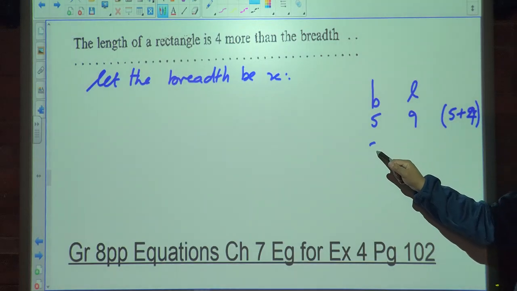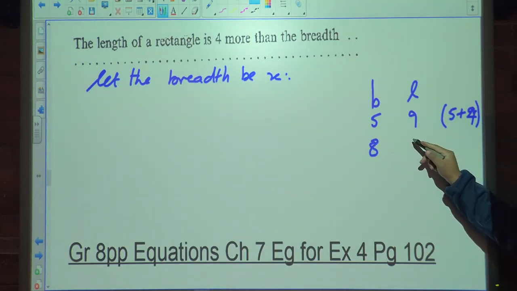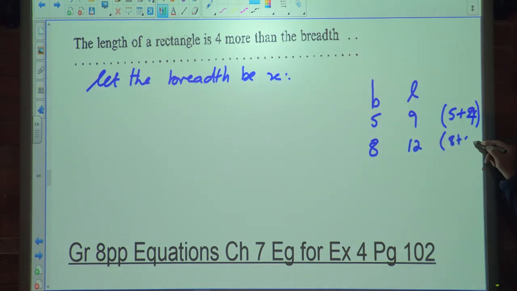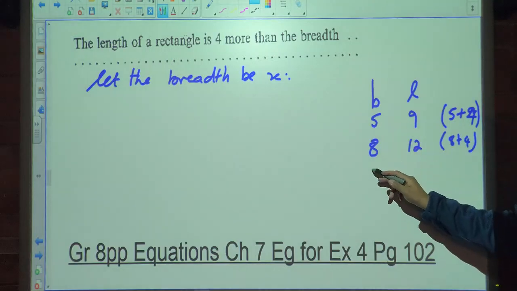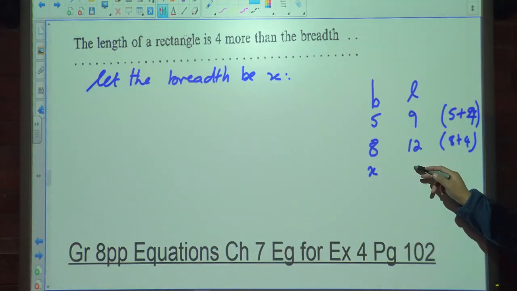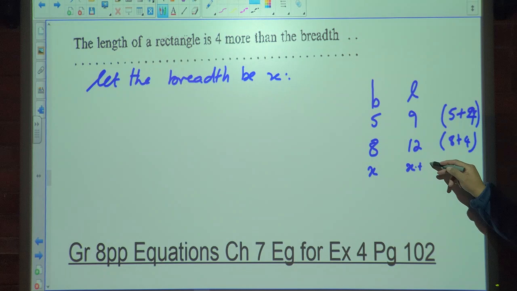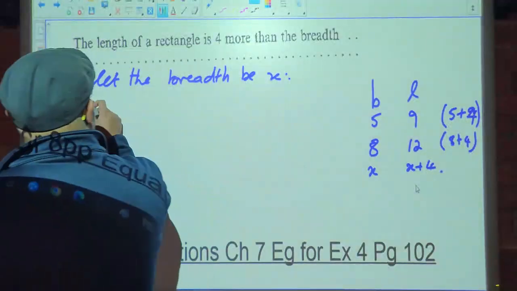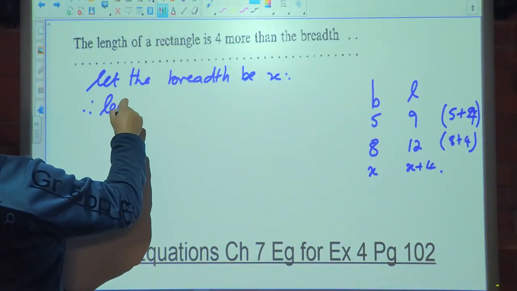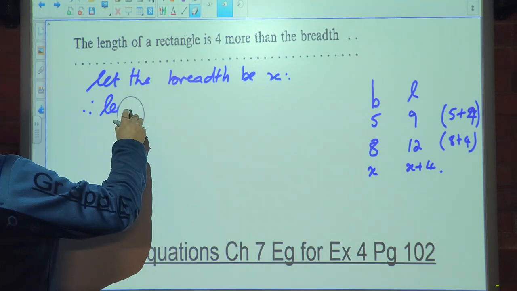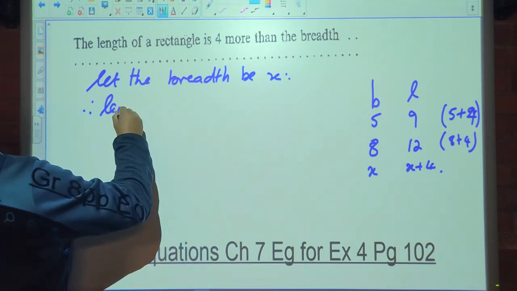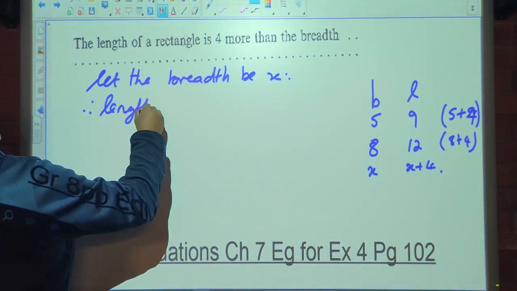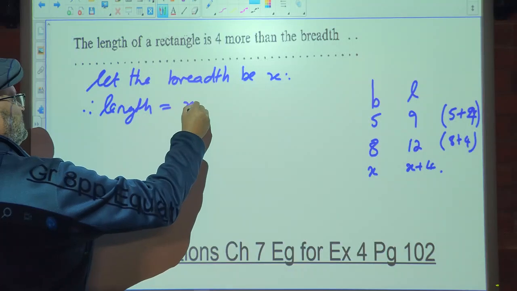If the breadth was 8, the length is 12. How do I get that? 8 plus 4. So if the breadth is x, then what's the length? X plus 4. Can you see that, people? So therefore, the length is equal to x plus 4.